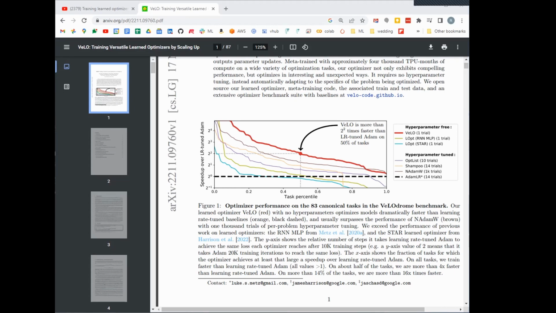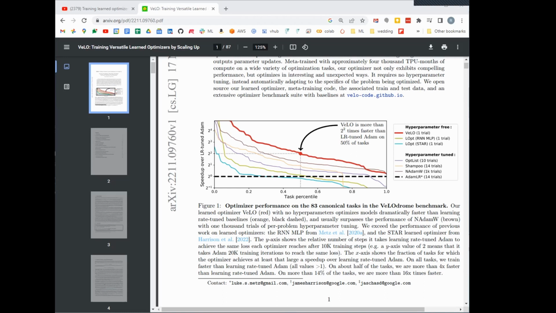I just read the log scale, then 2 square times faster. They could still have written 4 times faster, which is much easier to read, but it wouldn't match up with what they have on their scale, right? It's kind of a difficult graph to read. You have to go through the details to understand what they're saying.